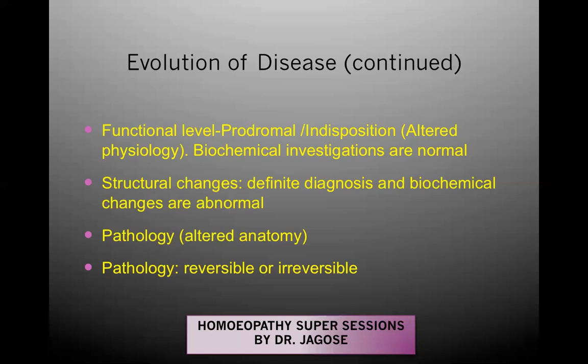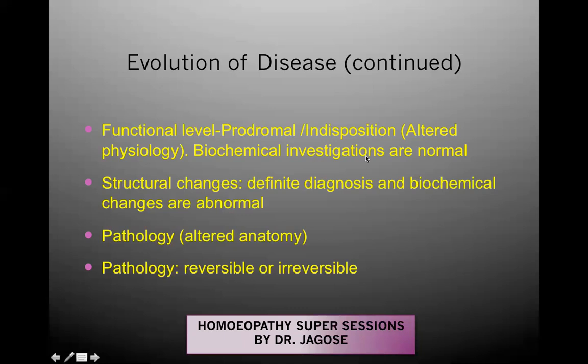So if the patient comes to us in the early stage, the pathology is not advanced, or it may be at a borderline level if the patient comes midway to us, or the pathology will become irreversible when the patient comes to us very late or at the last stage of the disease. Okay, so this is how the disease evolved.